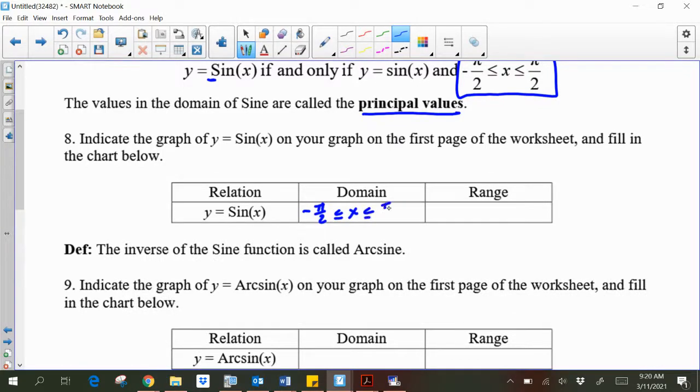I mean, they already told you that literally right here. And the range is still negative 1 to 1. So the only thing we've changed is we just tightened up what part of the graph we're allowed to use. On that part, the domain part.